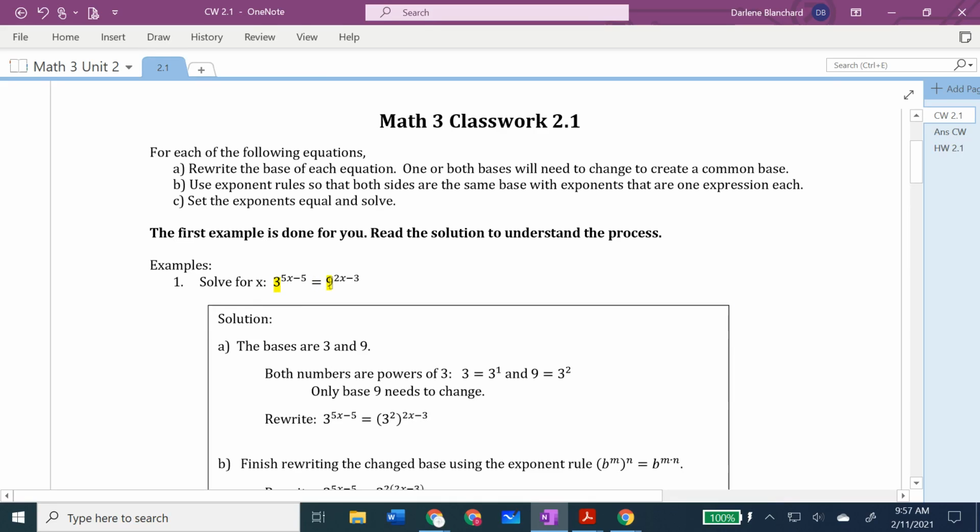With 3 and 9, both of them are powers of 3. 3 is 3 to the 1 power, 9 is 3 to the 2nd power. So what you can do is rewrite these bases. 9 needs to turn into 3 squared, but you don't need to change 3 into 3 to the 1 because it already is.